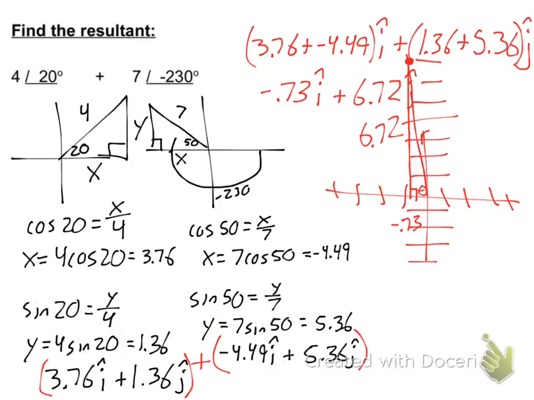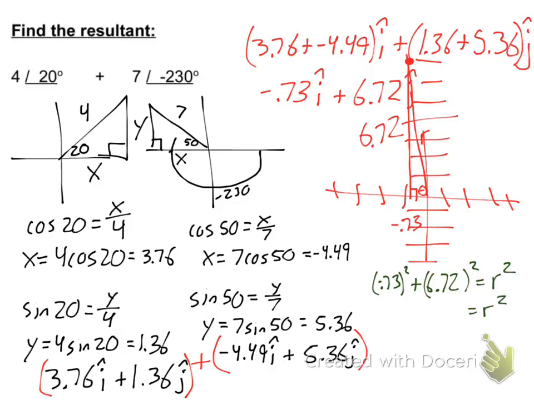Everyone should know. X squared plus y squared equals r squared, or a squared plus b squared equals c squared. So negative 0.73 squared plus 6.72 squared is equal to r squared. To save a little bit of time and space, someone square that negative 0.73, square 6.72, and add them together for me.